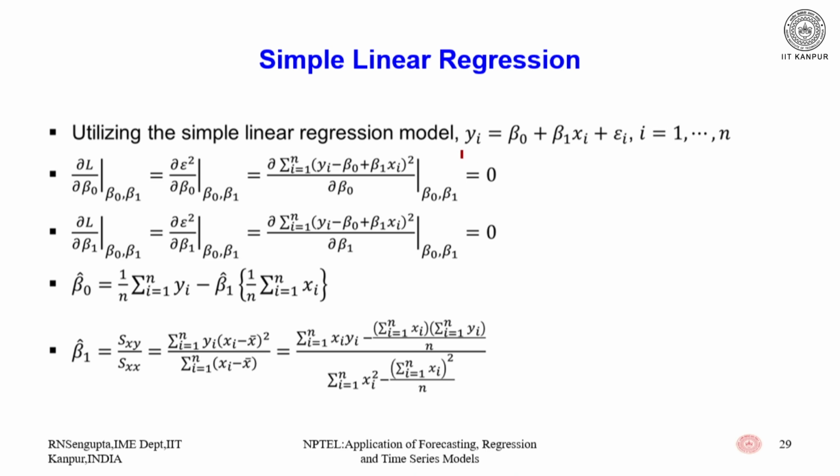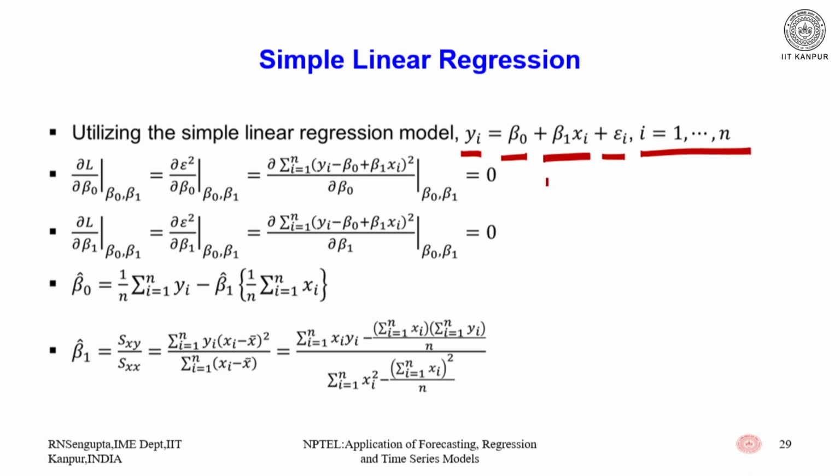So, you have yi is equal to beta naught, which is a constant, plus beta 1 into xi, because there is only one x. So, obviously, I am not adding any suffix to x, plus the epsilon, and i is equal to 1 to n.